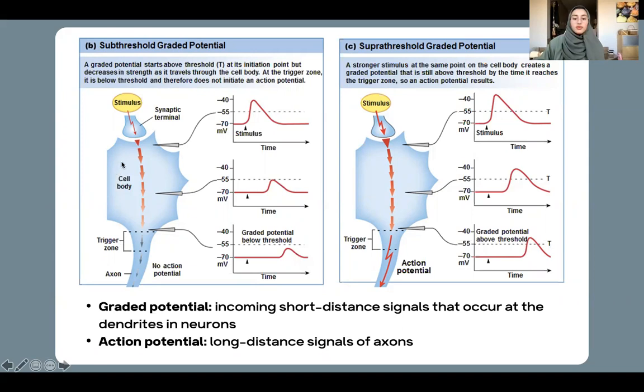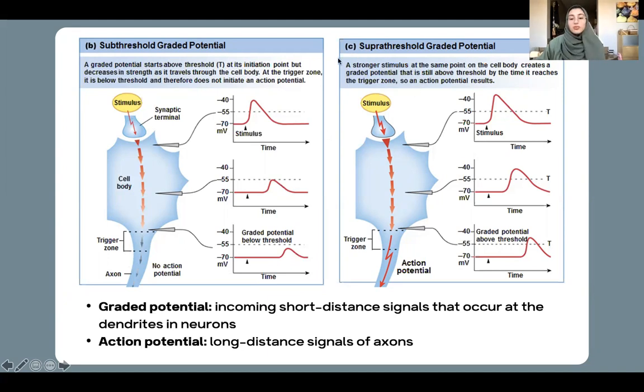I hope you guys understood my analogy. But the point I'm trying to get across is if the stimulus is weak, once it gets to the trigger zone, to the point where it's supposed to be above the threshold, because the stimulus is weak, you lost a lot of its strength by the time you got here, and it's not going to cause an action potential. Okay, so this is what we call a sub-threshold graded potential. Over time, it's not strong enough to cause an action potential to happen.